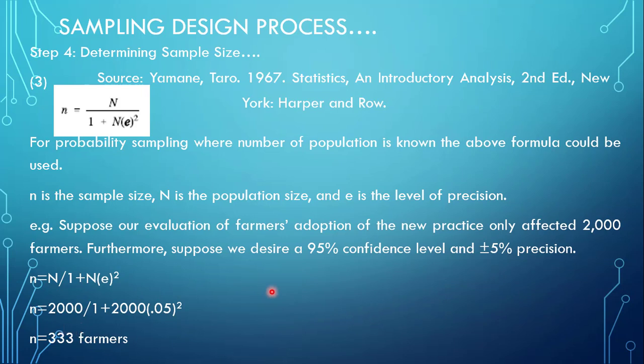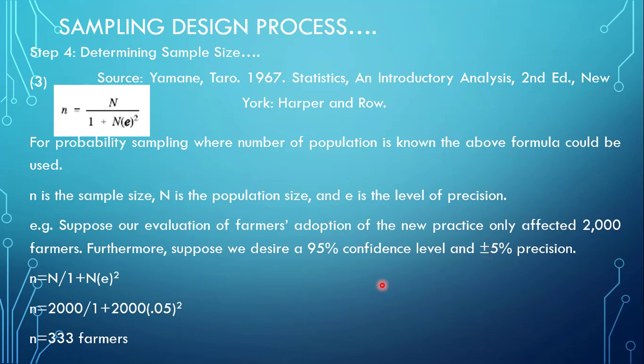So you can calculate by using the precision level as 6%. You can calculate it as 7%. Okay, you can check it for yourself. You can pause the video and check if the sample size will increase or decrease whenever you increase the precision level.